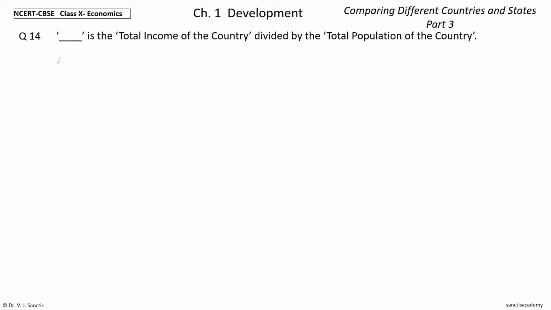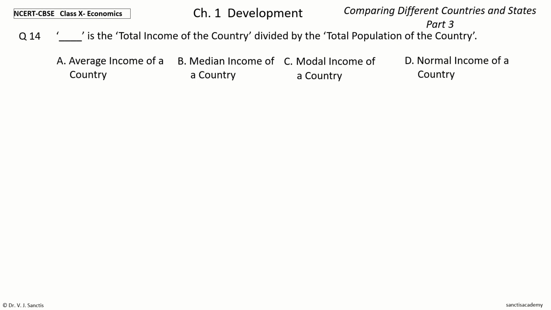The options are average income of a country, median income of a country, modal income of a country, normal income of a country. Your time to choose. And the answer is average income of a country.